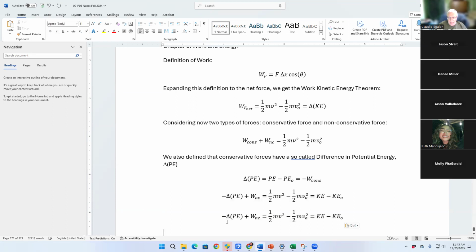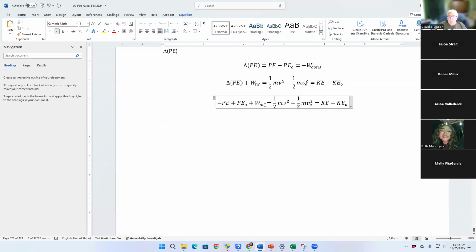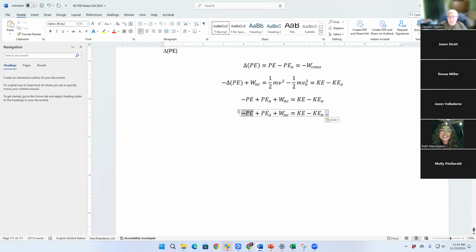When we do that, we get minus final potential energy plus initial potential energy plus the work of the non-conservative forces. And I erase this guy here, don't need that anymore. And now we can rearrange this equation to make it look more intuitive. We pass the final potential energy to the left, change the sign.